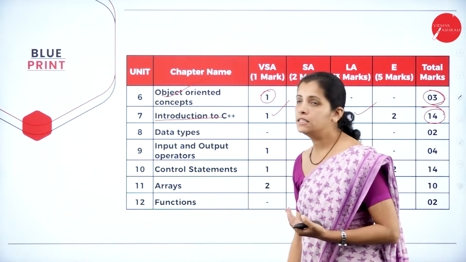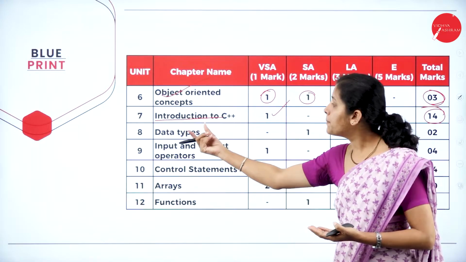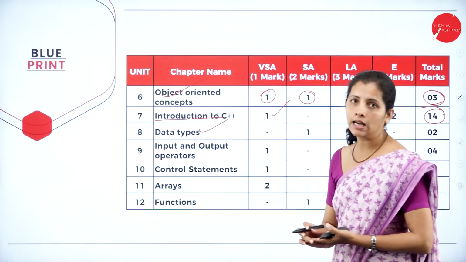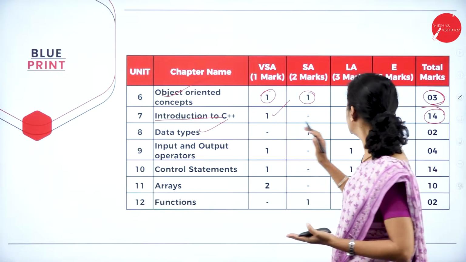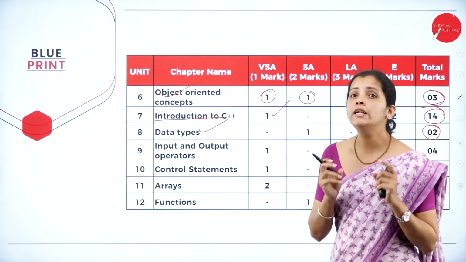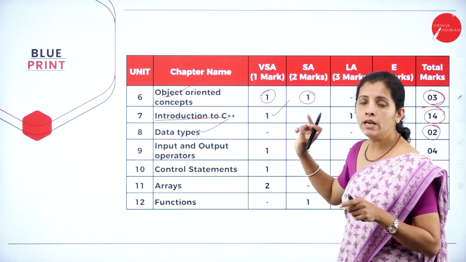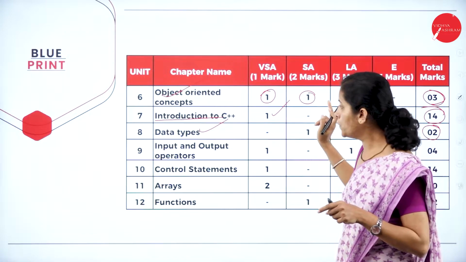If I consider chapter 8, what is the chapter name? It is data types. Considering the weightage, I can score only 2 marks, so here I'm going to get only one 2-mark question.